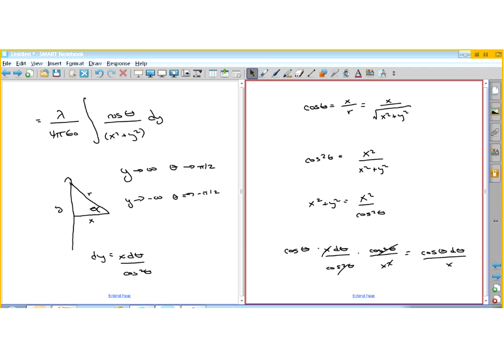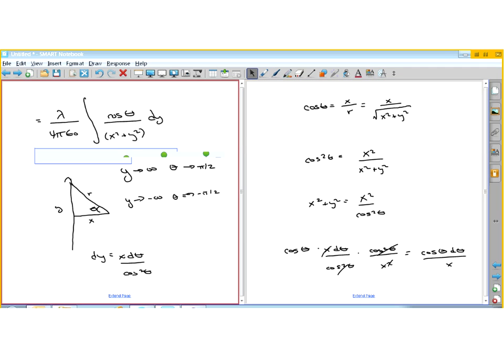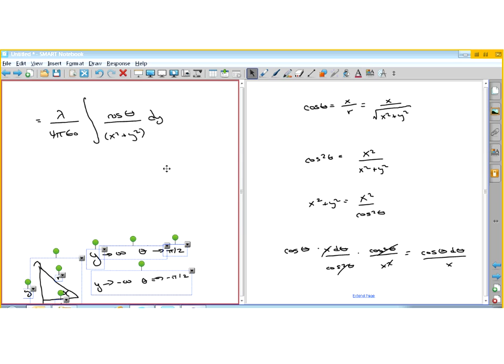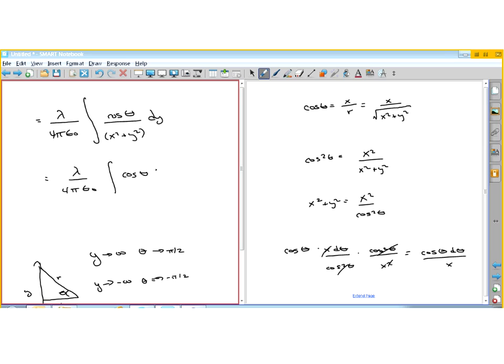So going back here, we're changing the variables. We also have to change the limits of integration. So this whole thing becomes cosine of theta d theta over x. The x can be brought out because it's a constant in this particular case. It's the distance from the line.